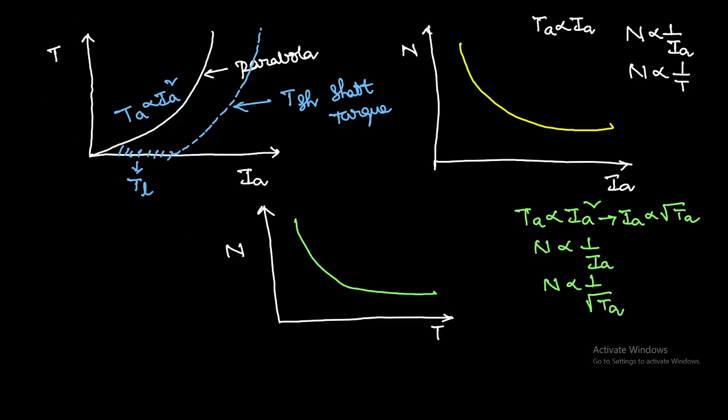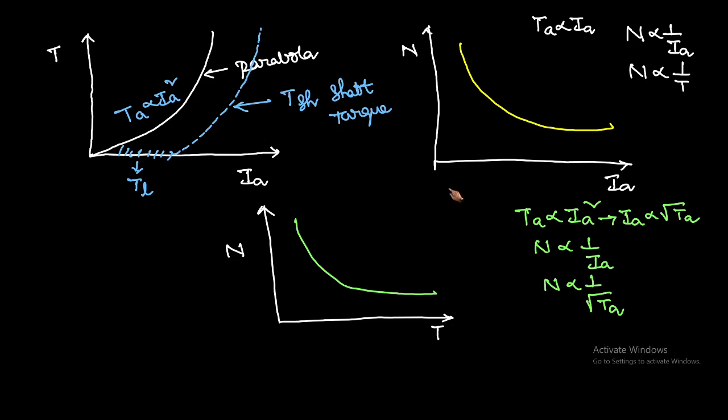Let us see what the applications are. When you observe these characteristics, when the load is less, that means when the torque is very less, the speed is very high.